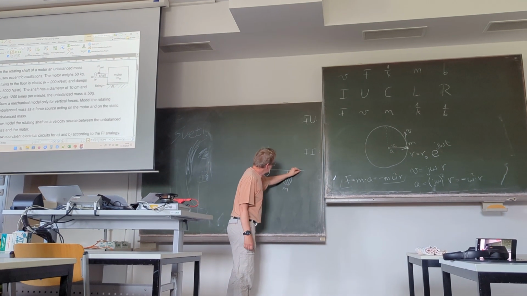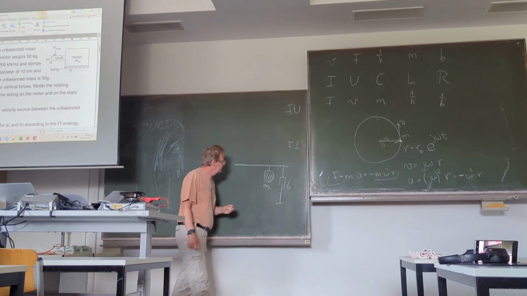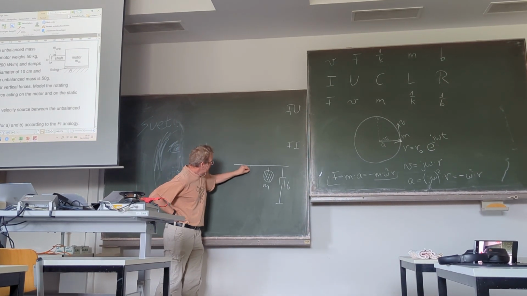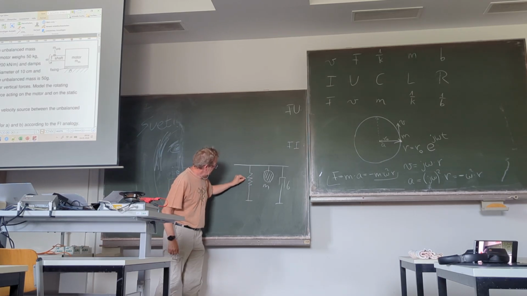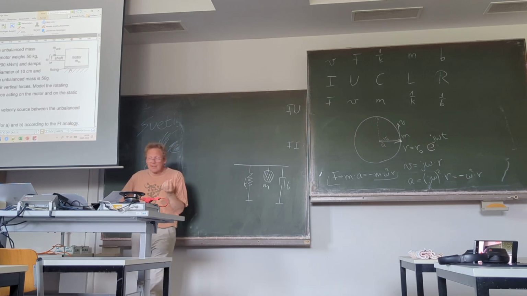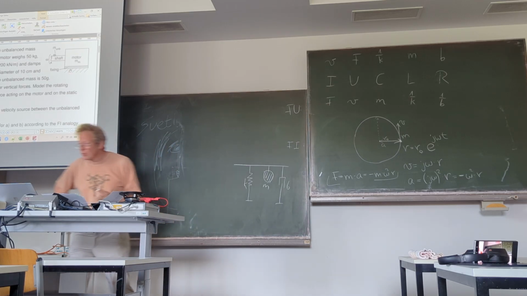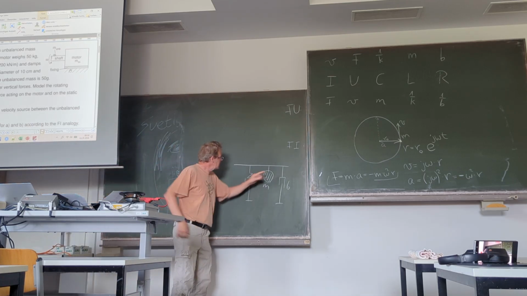The fixing is then this damper constant B, and we have elasticity, that's the spring, with the spring constant K. We also have this unbalanced mass. It's very small, so we could probably neglect it, but let's put it also here.